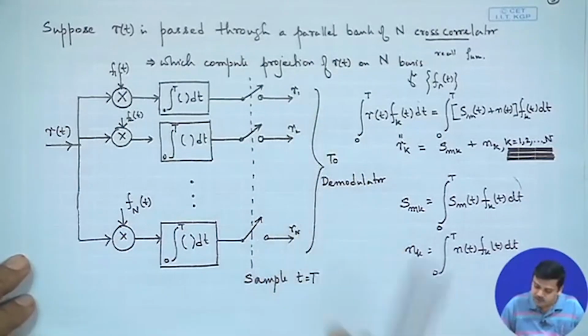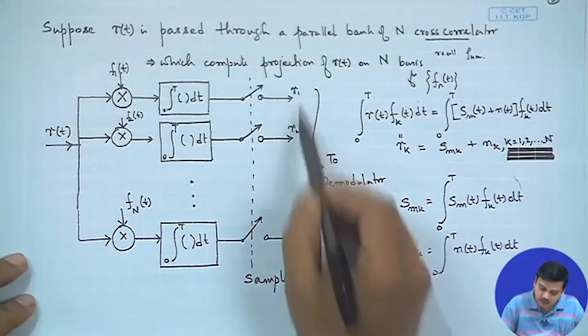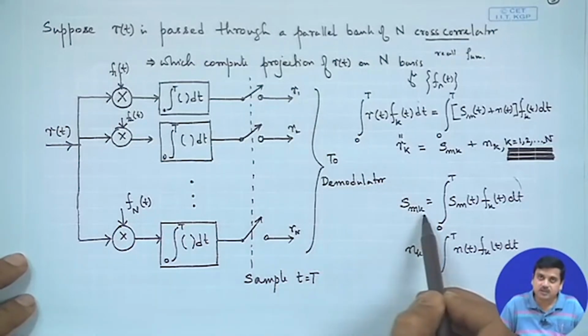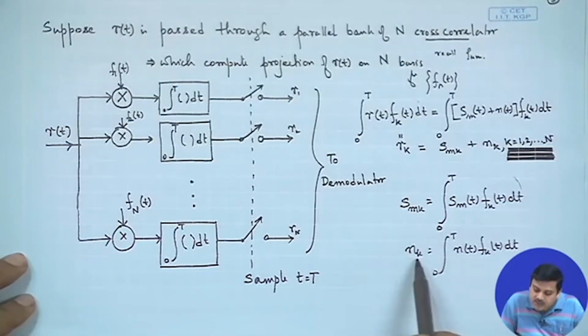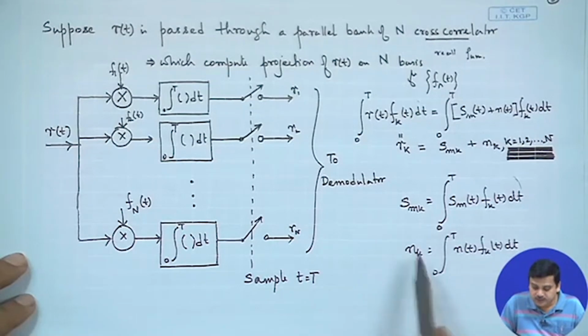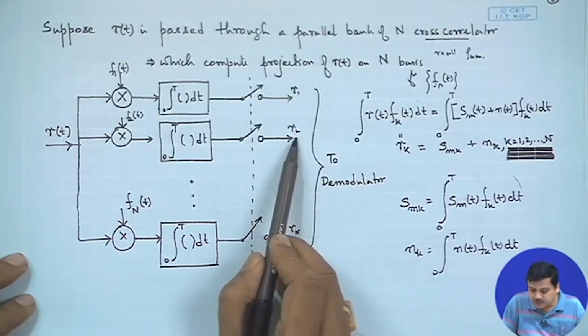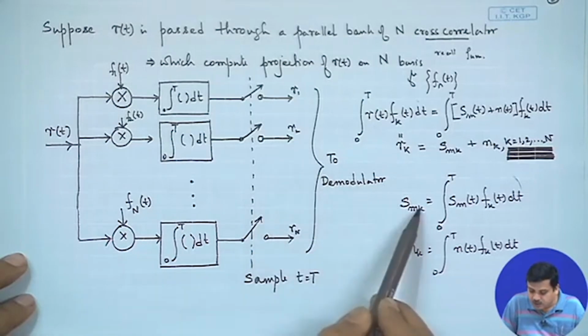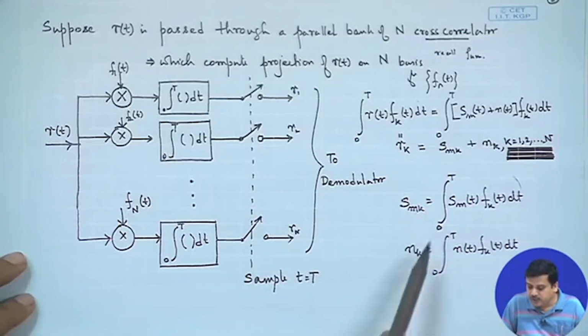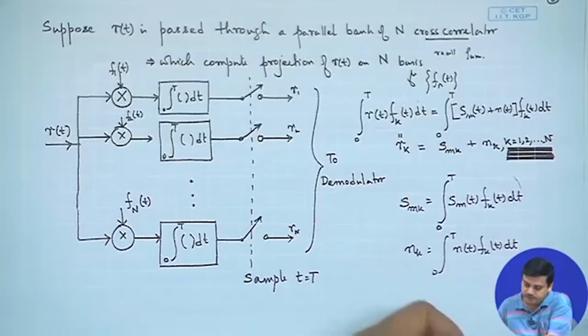These components are made up of the component of the signal on the basis function as well as the component of noise on that basis function. So, each received component was made up of a component of signal and a component of noise.